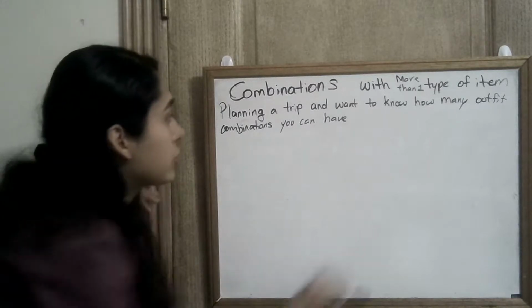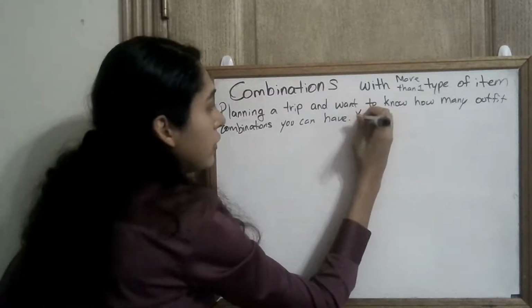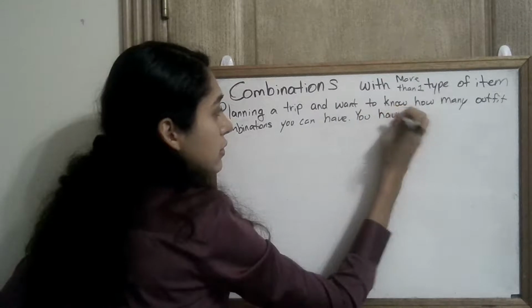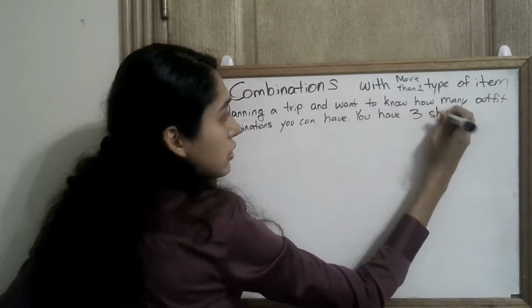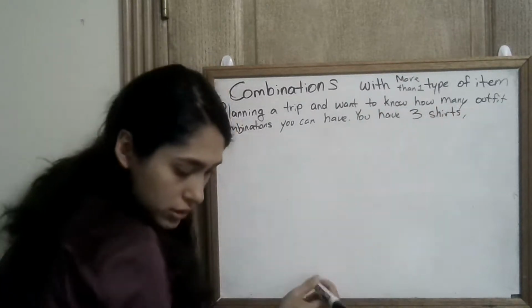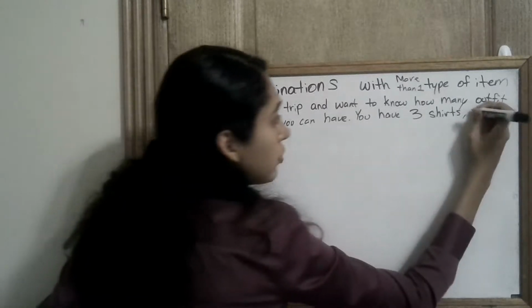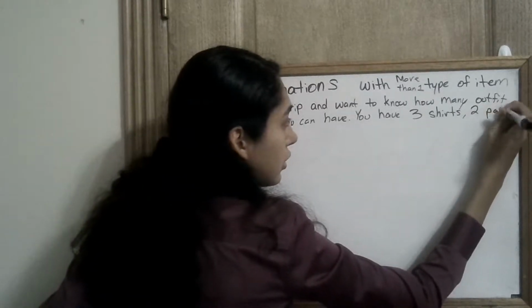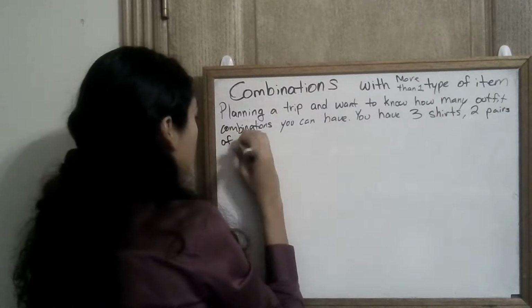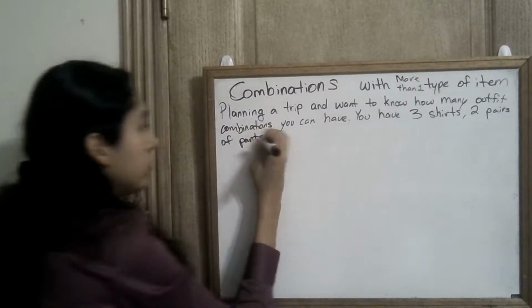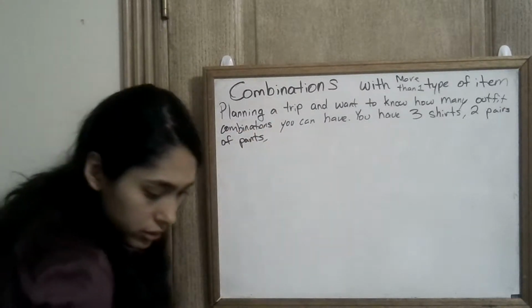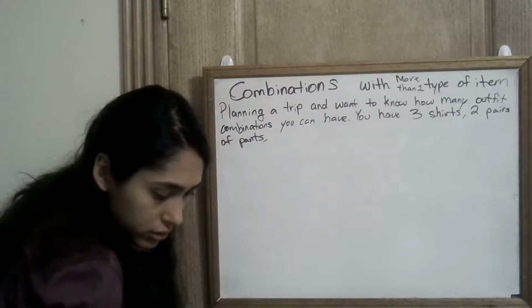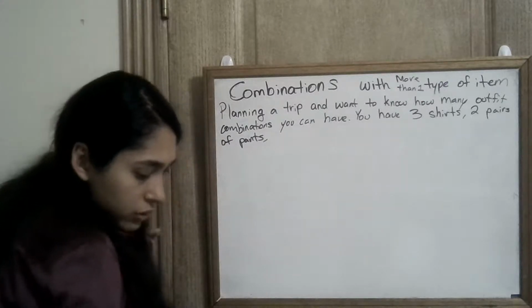You have 3 shirts. Two pairs of pants. And 1 pair of shoes.